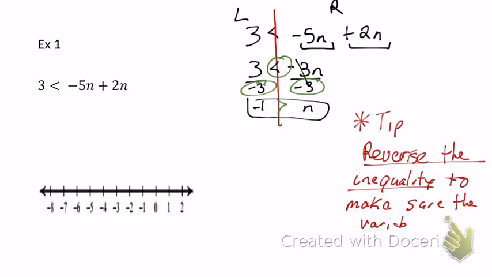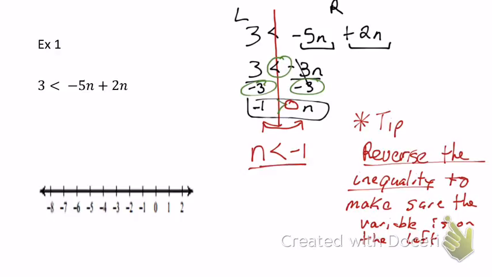Oh my goodness, my computer's going crazy. So what that means is we need to keep the inequality facing towards the negative 1. I'm going to completely flip the equation around. So I've got n. I can see the point is facing towards the n, so it's still facing towards a point. And then we've got negative 1.